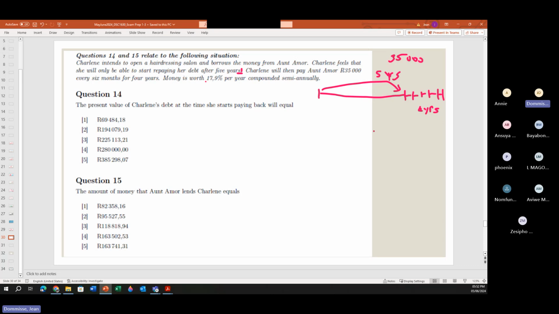Money is worth 17.9% per year, compounded semi-annually. So let's just add that to what we know. And semi-annually, they could have rather just said 2 times per year.